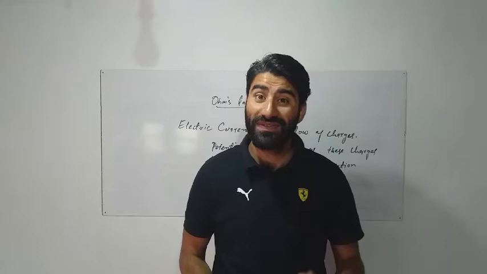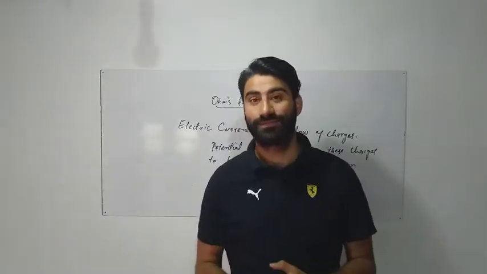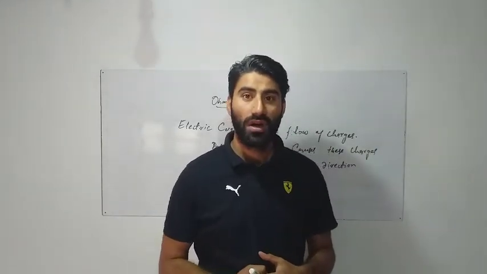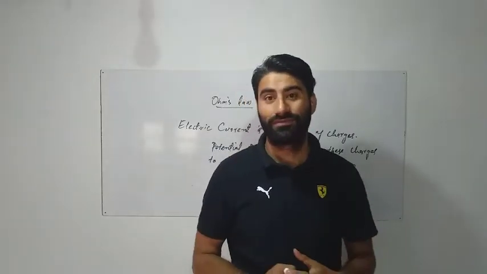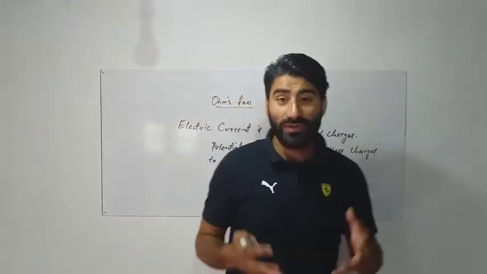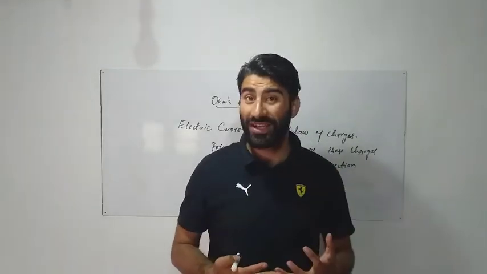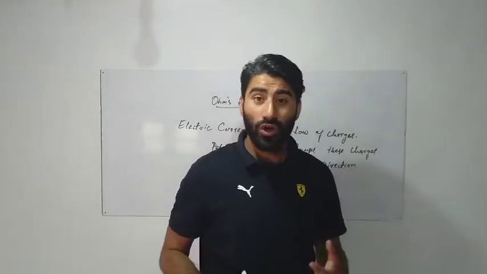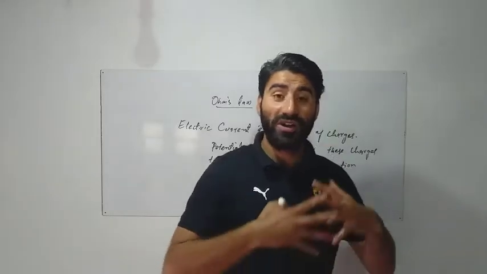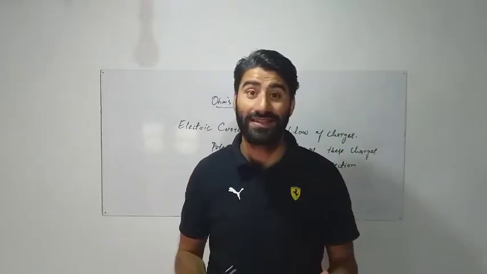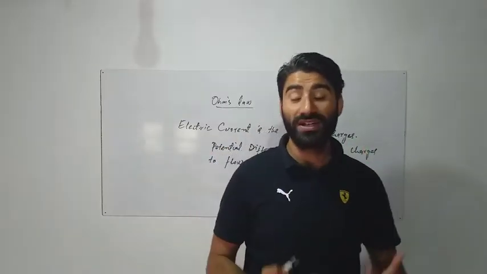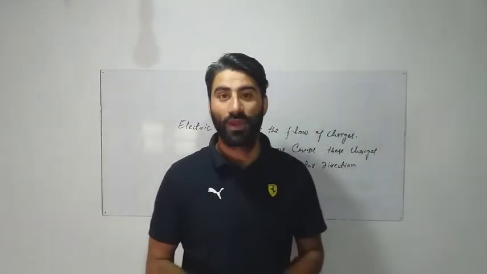How this potential difference affects our electric current? How these two are related with each other? So it was actually Ohm, George Simon Ohm, who put forward his law to discuss the relationship between potential difference and electric current.